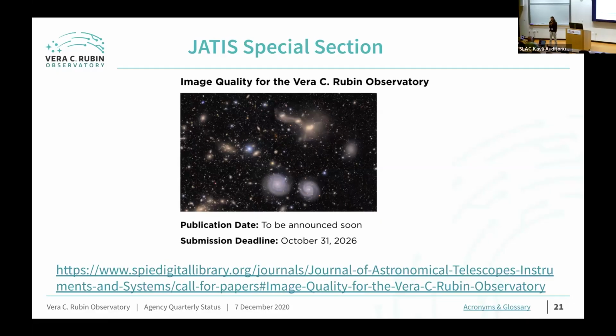For people who posted SPIE papers, we can use those, tweak them slightly, and submit them. Other people with new ideas and new papers can submit to that special section before October 31st. I just wanted to make sure people knew about that. That's all.